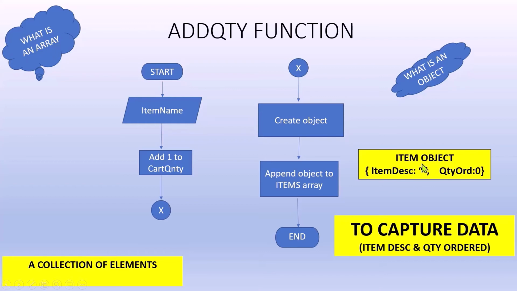So every time the user clicks, there will be an object created and one more element will be added to the items array. Also, you can think of the items array as mimicking the user's cart, right? So every time the user purchases an item, that item is added to the user's cart. Okay, so that's what we're doing here.